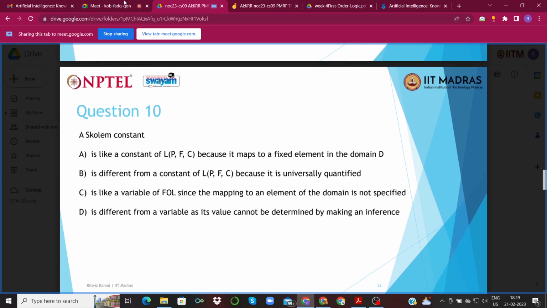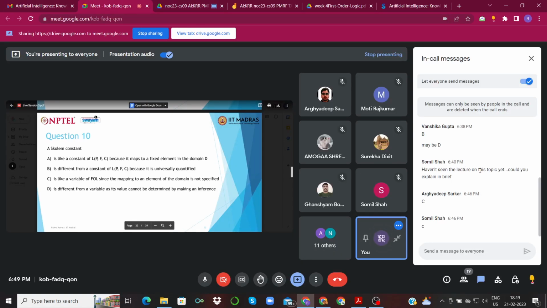So this one asks about a Skolem constant. Which of the following options do you think is correct about a Skolem constant?